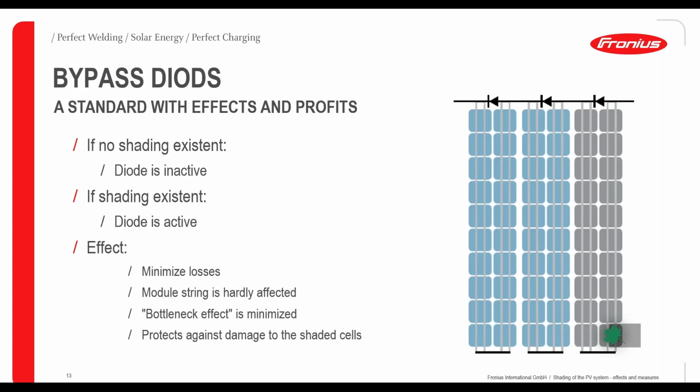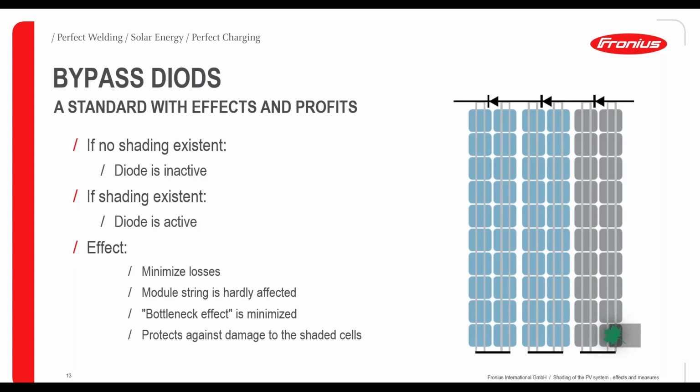And therefore there are also standard measures, standard solutions against these low and moderate shadings. The first thing I want to talk about now is the bypass diode. It's actually a standard integrated diode, with effects and benefits like I've written here, in most of the modules on the market right now.